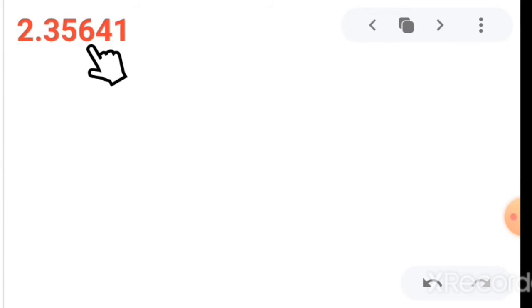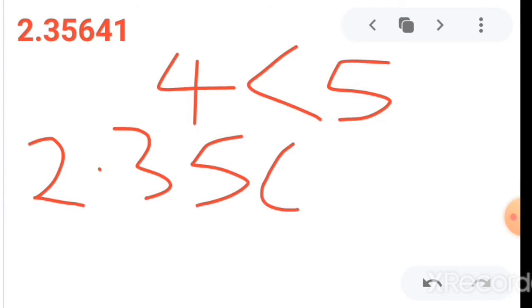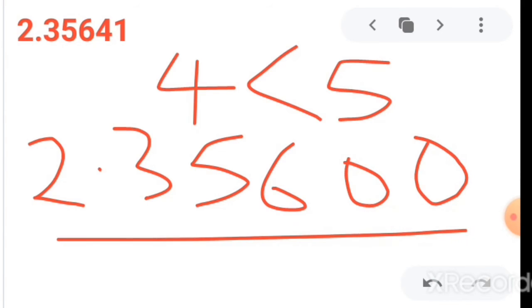Now the number immediately after the third decimal place, which is 4, is less than 5. So we round down. We replace all the numbers after the third decimal place or after the thousandth position with zeros. So we have 2.35600. It's very simple, right? Yes, I know. So we have rounded down.